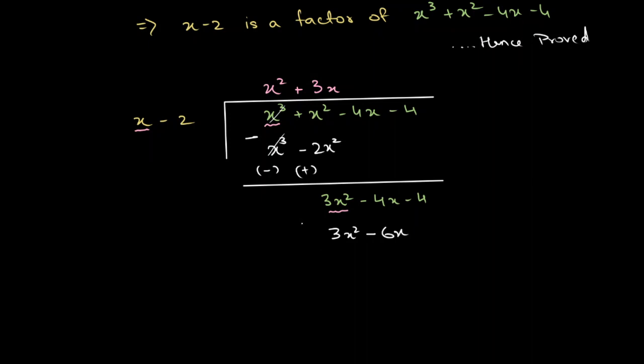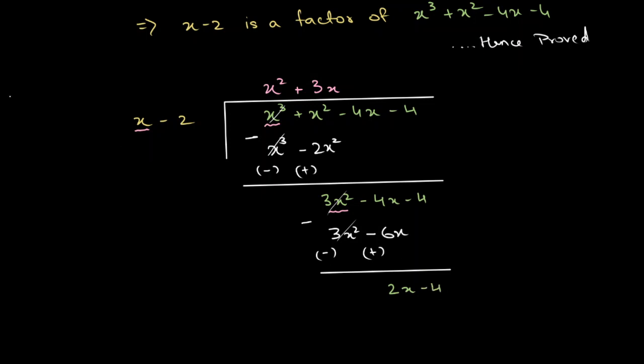Again, we will be subtracting these two expressions, so plus becomes minus, minus becomes plus. So 3x squared minus 3x squared gets cancelled. Minus 4x plus 6x is plus 2x, and I get the minus 4 down below as it is.